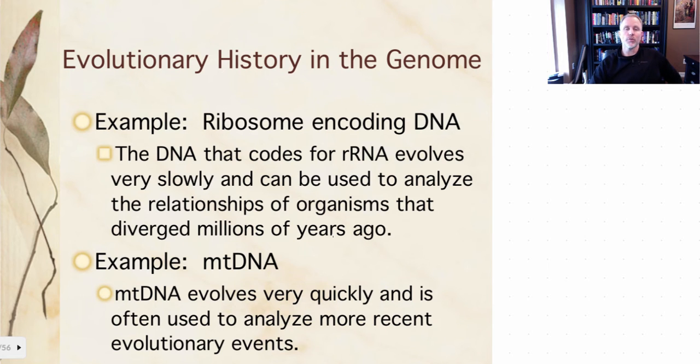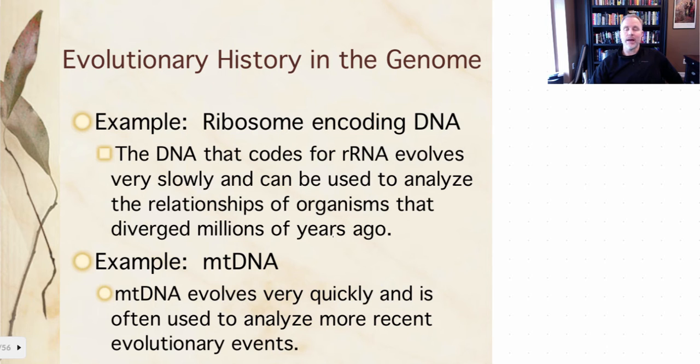So if we look at ribosome encoding DNA, this evolves very slowly. Ribosomal RNA and the genes that code for it evolve very slowly because they're very, very important, and any changes are likely weeded out of the population because they're not going to improve the genome, or the organisms that have them really in any different way.